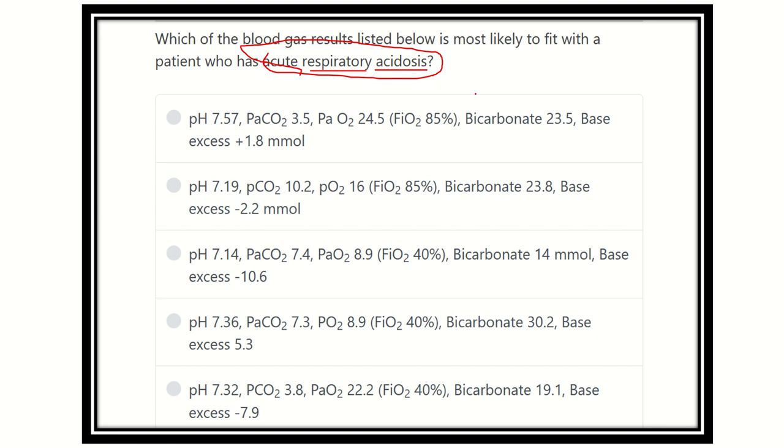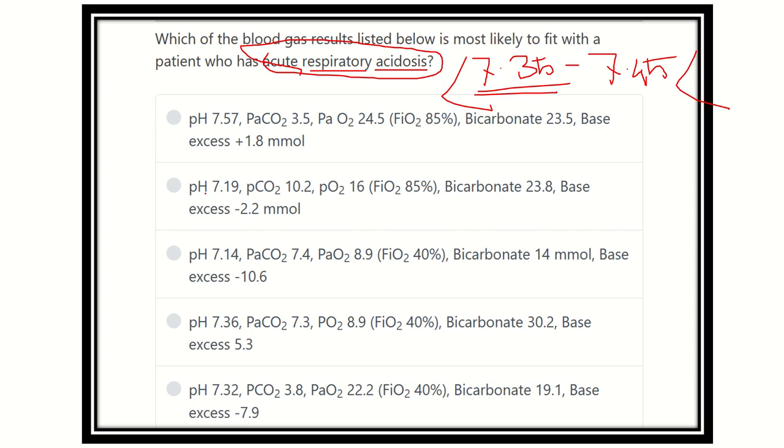Normally, the normal pH of the body is 7.35 to 7.45. When it is less than 7.35, it is acidosis, and when more than 7.45, it is alkalosis. We have to find out the acidosis. So here we can see less than 7.35.